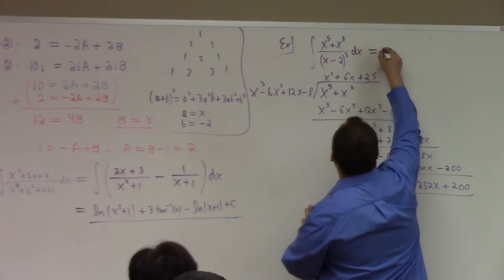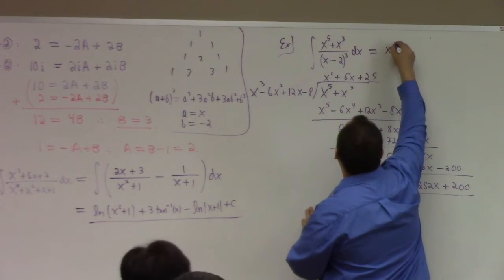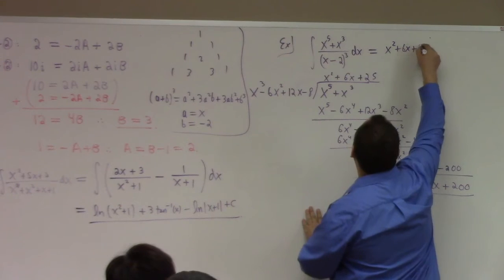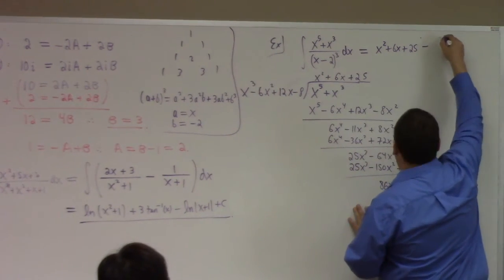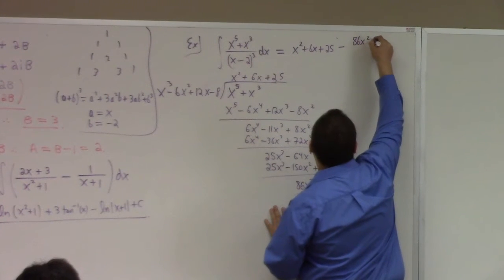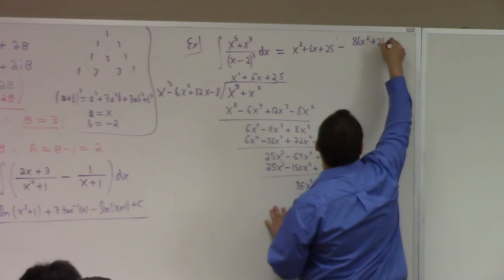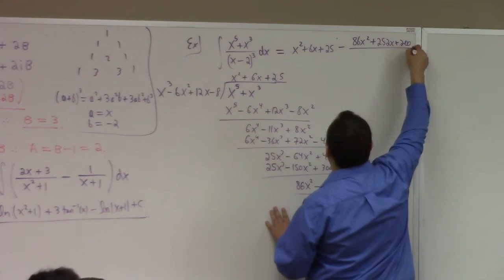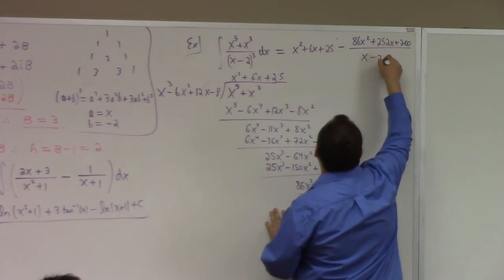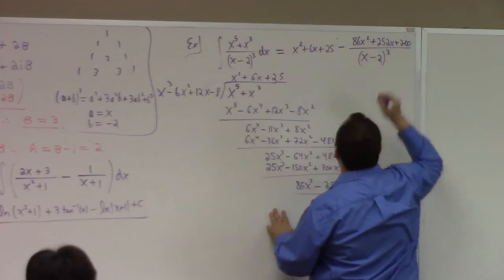All right, so this is equal to x squared plus 6x plus 25 minus (86x squared plus 252x plus 200) divided by (x minus 2) quantity squared, cubed, rather.